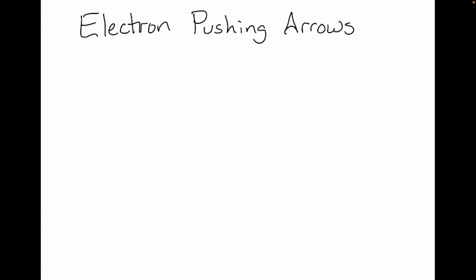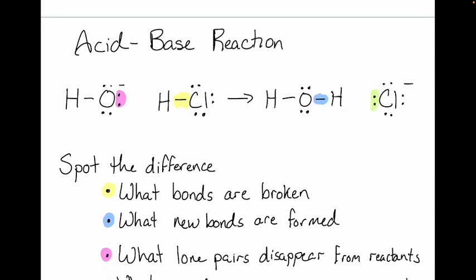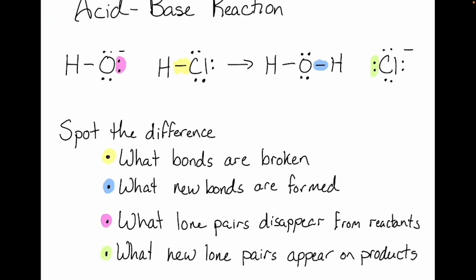So I'm going to show you what these electron pushing arrows look like on that reaction that we were just talking about, and then we'll kind of pick it apart and we'll lay down some rules for drawing these arrows. Okay? So we sort of highlighted all these categories here. We said that this lone pair on my hydroxide ion seems to disappear from the reactant side.